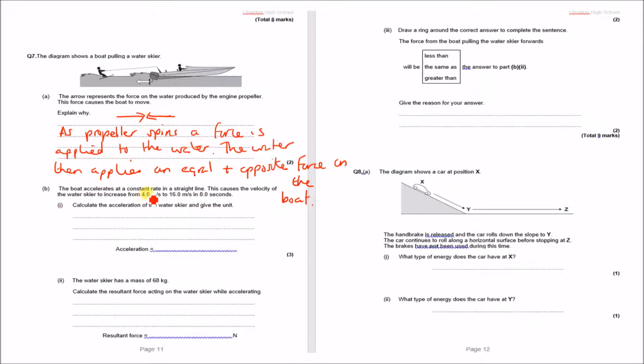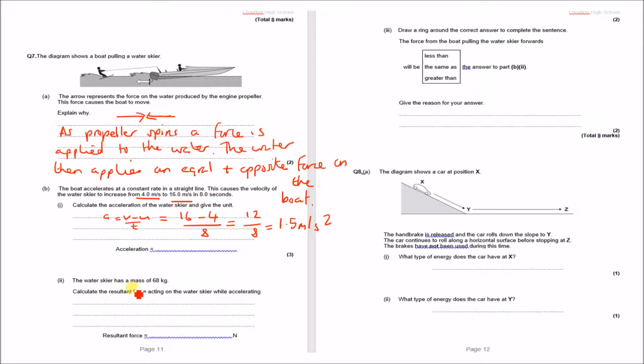Right, the boat accelerates at a constant rate in a straight line. We've got from 4 to 16, so a again is equal to v minus u divided by t. Our end velocity is 16, our start velocity is 4, it takes 8 seconds. 16 minus 4 is 12 over 8, which is equal to 1.5 meters per second squared.